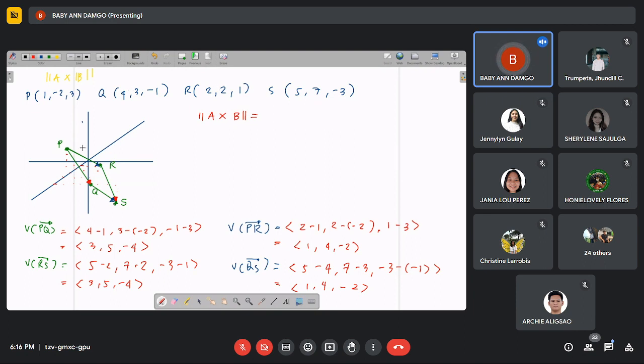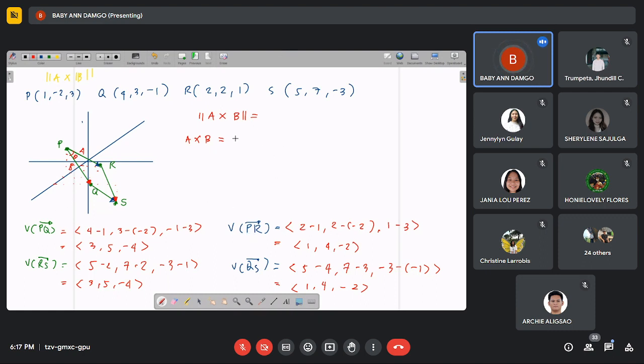Okay, so we assume this is our A, and then we have our B. This one is the altitude, and then we have this theta. So A cross B, we will solve A cross B first. A is the vector PR.